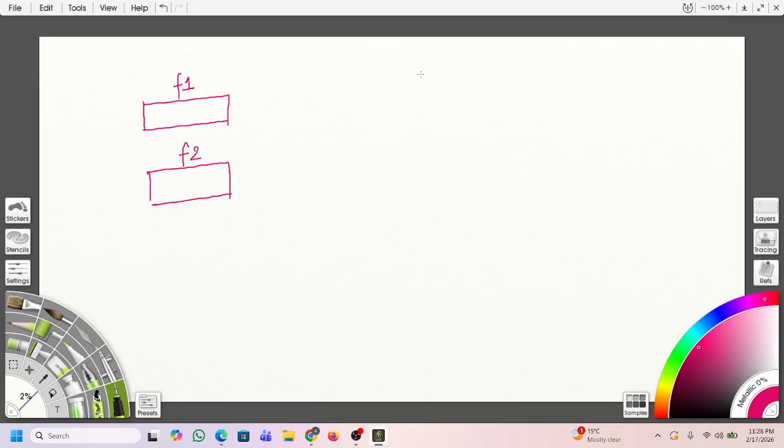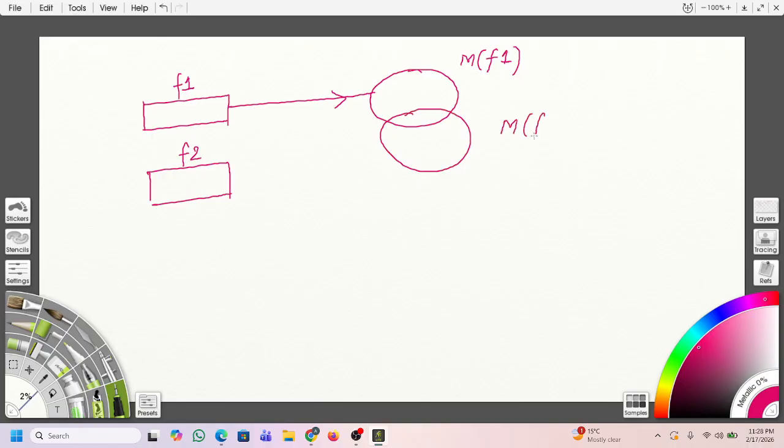Then if I draw the models of this, that means M of F1, this is from syntax land and this is from semantics land, and this M of F2 is the model corresponding to the traffic.